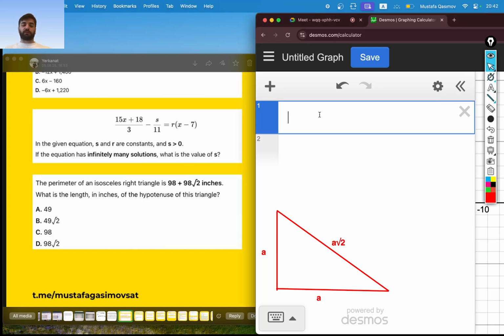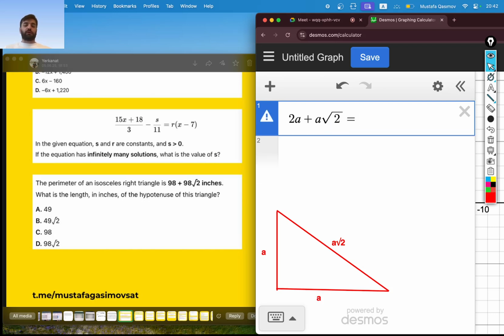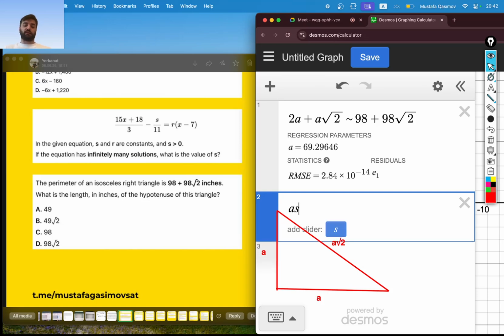From here, perimeter is equal to 2a plus a square root of 2. It is equal to 98 plus 98 square root of 2. Then you have to put here wave, and you will get its value. A is equal to 69.28 and etc. And it asks about hypotenuse, and hypotenuse is a square root of 2. It is 98. So answer is C here.